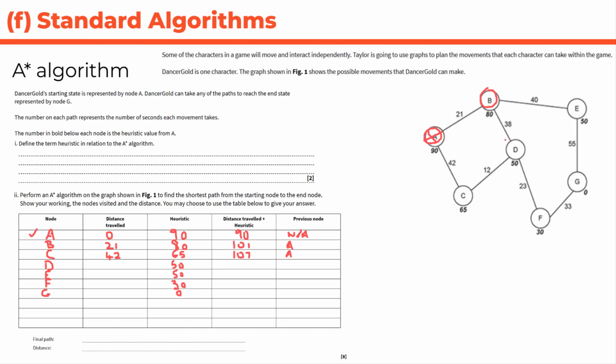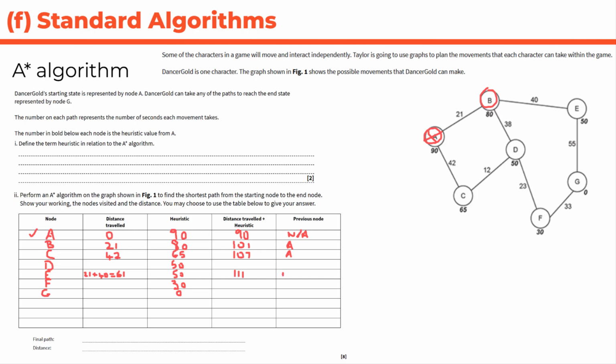B can get to E and D. So what was the cost of getting to B in the first place? 21. And what's the cost of getting to E? So if I put in here 21 plus 40 gets us 61. I'll just put that in there, 61. 61 plus 50 is 111.